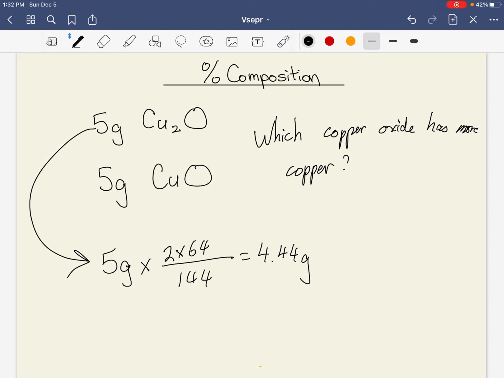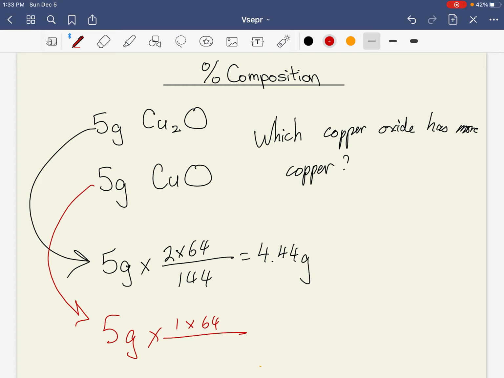So let's do this one. So I have 5 grams. How much of that belongs to copper 2 oxide? So that would be 1 times 64, over the molar mass, which will be different, obviously.